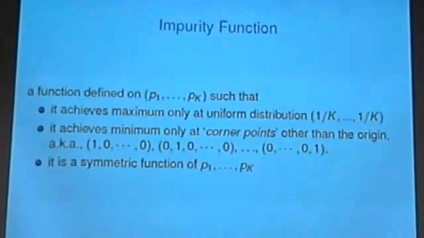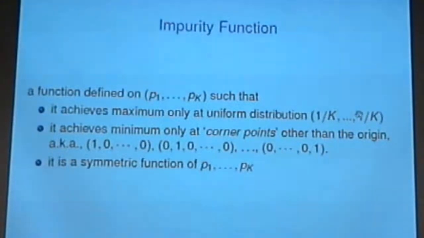Impurity functions are defined on the class probabilities. An impurity function achieves its maximum only at the uniform distribution. The maximum impurity is at this equal distribution.